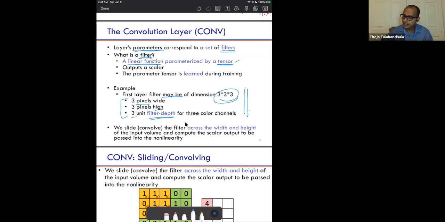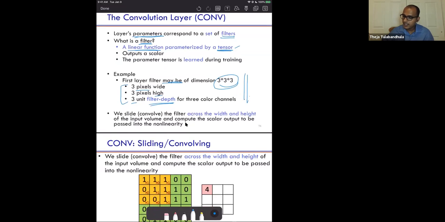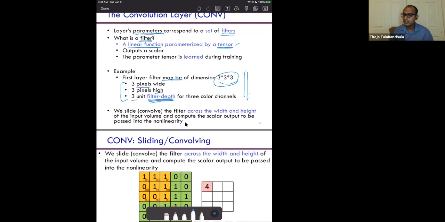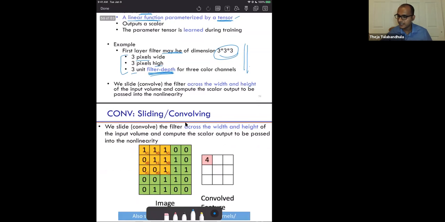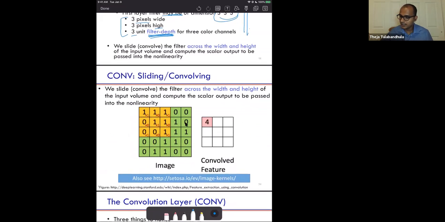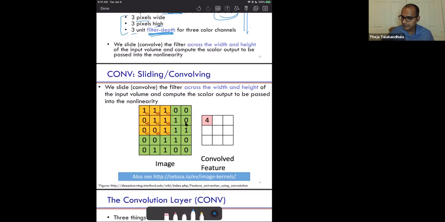You can think of the filter as some sort of function that's operating on, or convolving with, the input image. Let me use this picture to better illustrate it. Let's say this square, which is 5 cross 5, is the front of the image, just one matrix of the image. Remember, the image has three matrices.